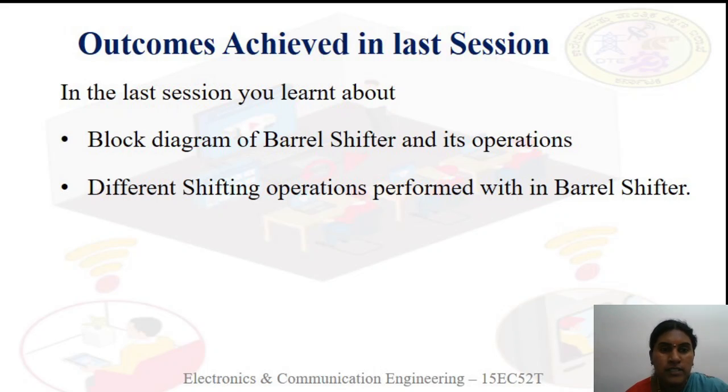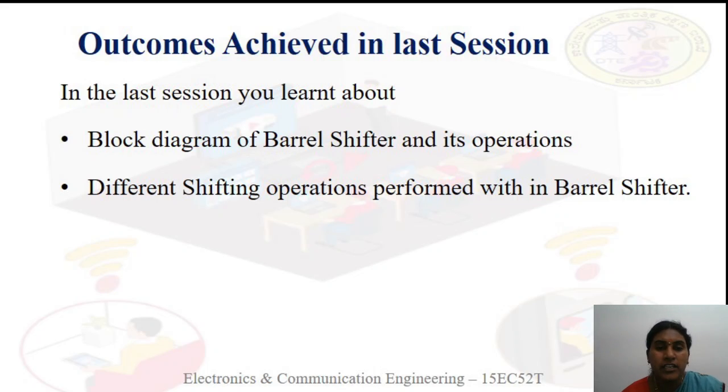I want to recall some points, dear students. You know, in ARM controller, we don't have shifting instructions. There are no shift instructions, particularly in ARM controller. To do these shifting operations, we have to go for a mechanism called a barrel shifter. This barrel shifter is mainly used to shift one of the data left or right before applying into an ALU.